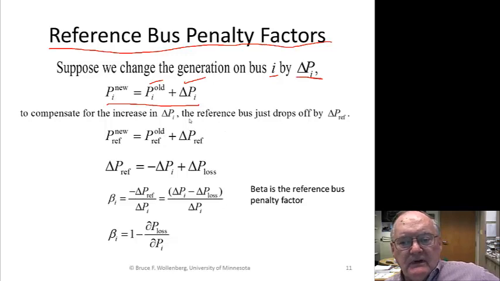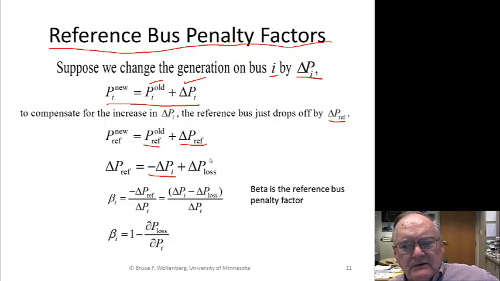To compensate for that increase, the reference bus drops by P ref. So the new value of the reference bus is the old value plus delta P ref. And delta P ref must equal minus delta Pi. If this is a positive number, then P ref would go down.